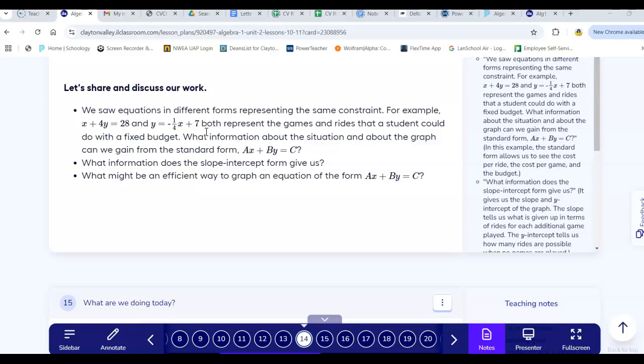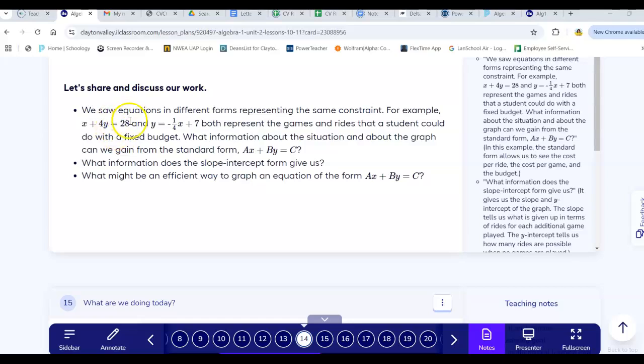Okay, so we get two different pieces of information about each one of these situations. In the case of standard form, which is this equation, x plus 4y equals 28, what do we know?